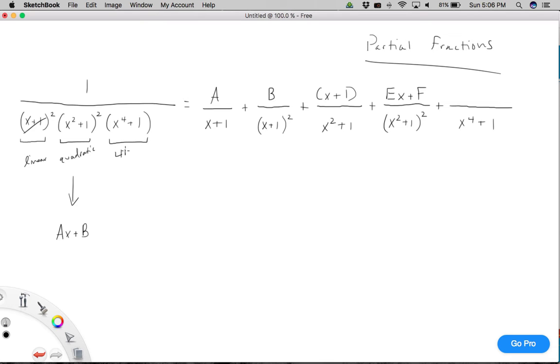And now if we have an x to the fourth, for a fourth degree denominator, that means we need a third degree polynomial on the top of our fraction. So that's going to be something times an x cubed plus something times an x squared plus something times an x plus a constant.